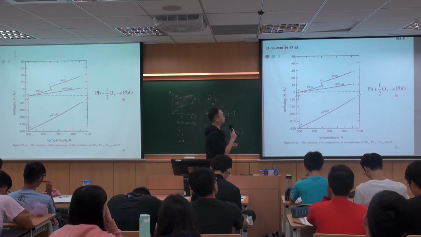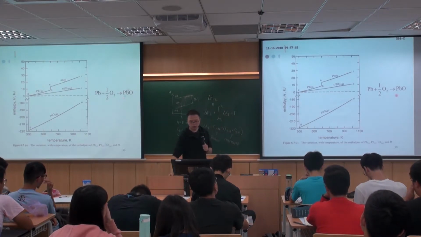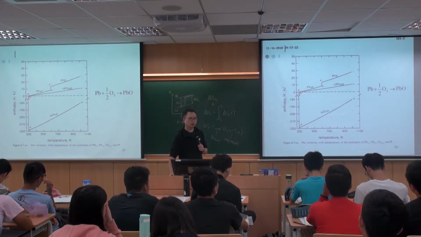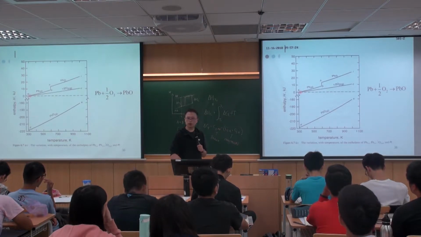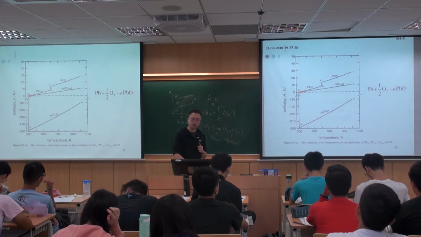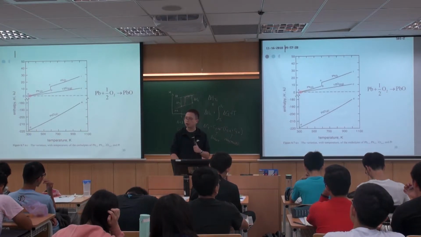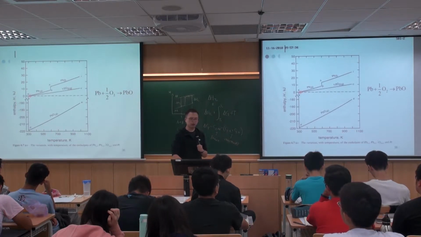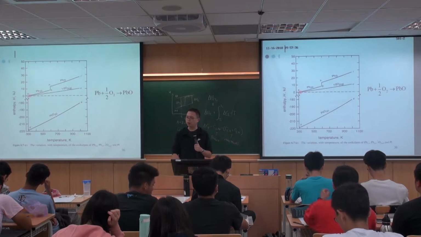And if you look at lead and oxygen, if you look at these two, they will start from 0. Okay, they will start from 0. And the reason why they start from 0 is because that's by convention, that for pure elements, the enthalpy at room temperature are assigned to be zeros.